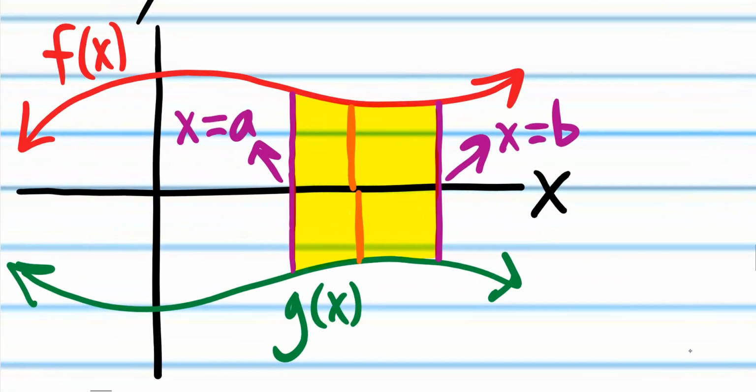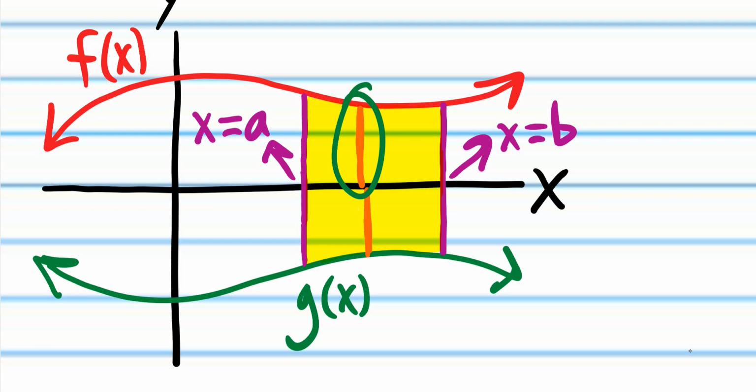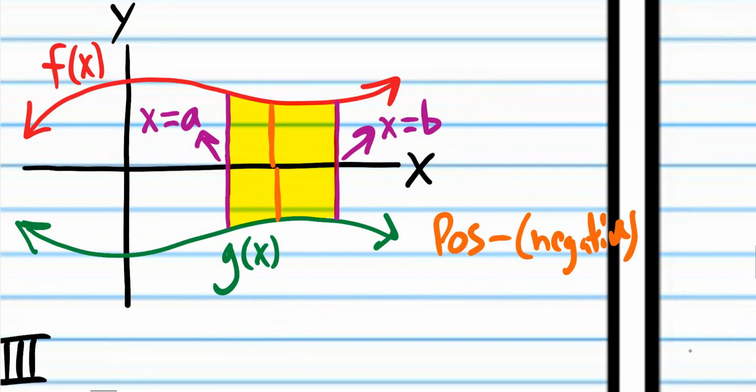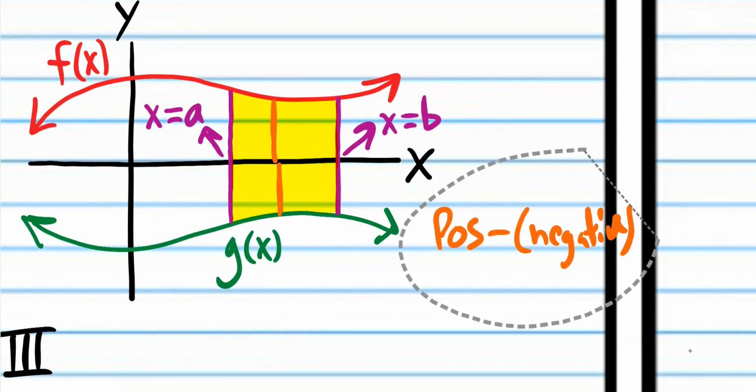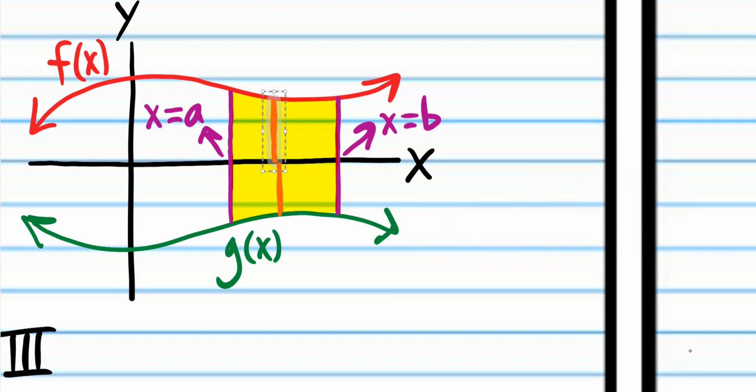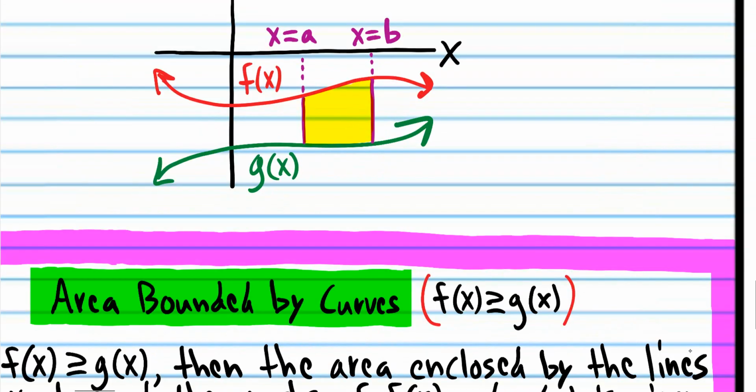So if you take this y value up here and you subtract that y value, it'll give you the length from here to here. And so again, that's just the height of a bunch of rectangles we can add up, and we integrate and we find the area that's shaded. So the same formula works. We just find the integral of f of x minus g of x. The red graph minus the green graph. That formula that I showed you down here.